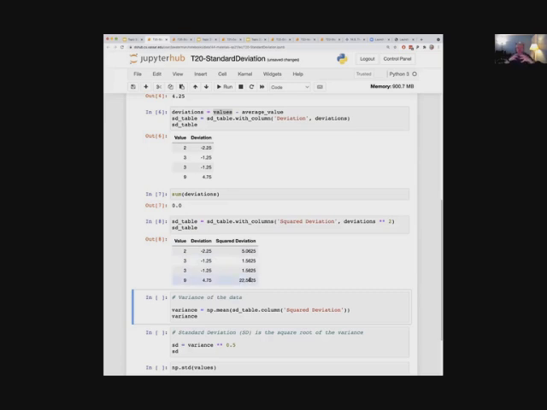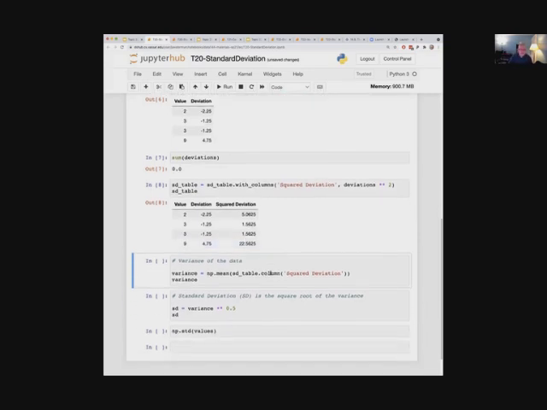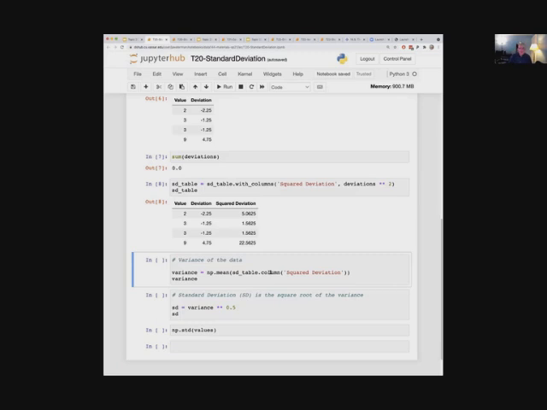And notice as we get further away from the average, the deviation goes up, because we're squaring it. The farther we go, the stronger the weight is. Now that we have this squared deviation, the sum makes sense.